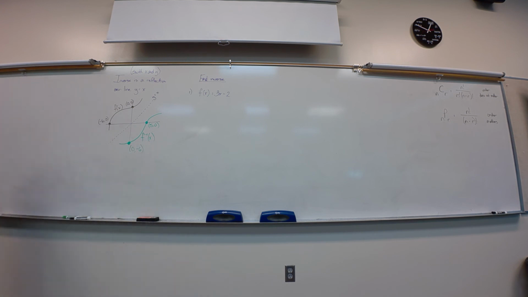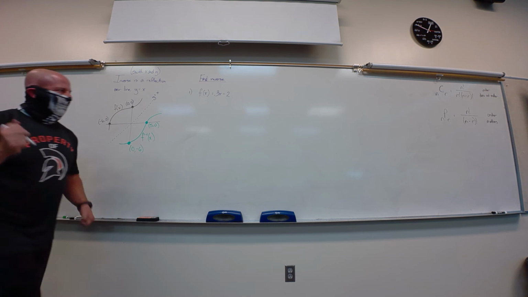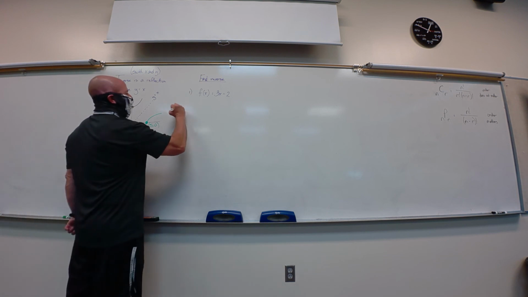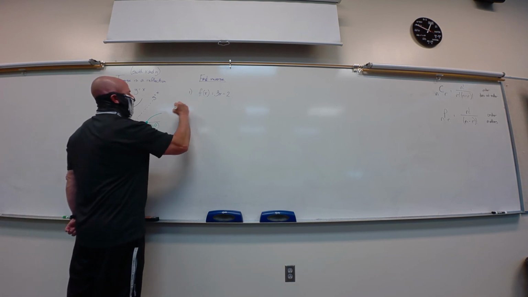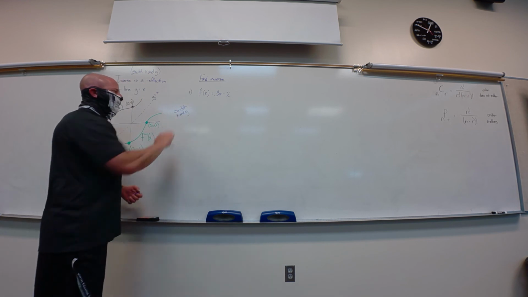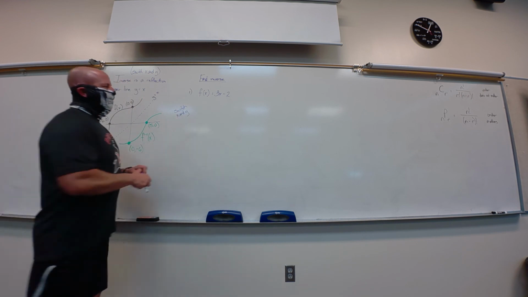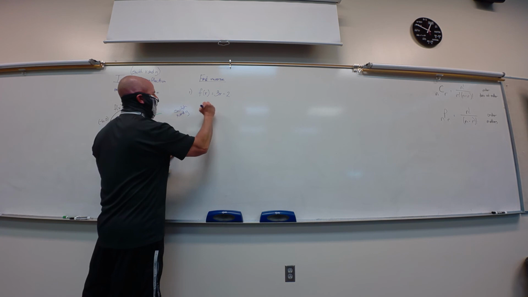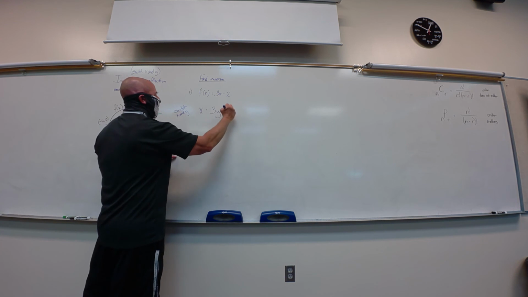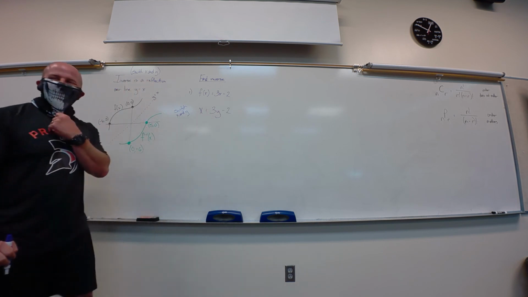So first thing, all right, it's a two-step process. First step, switch x and y. Here's my first step. I'm going to switch x and y. So that means I'm going to have x equals 3y minus 2. So I switched x and y.